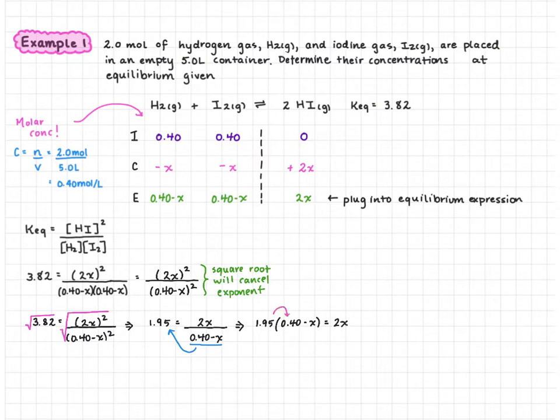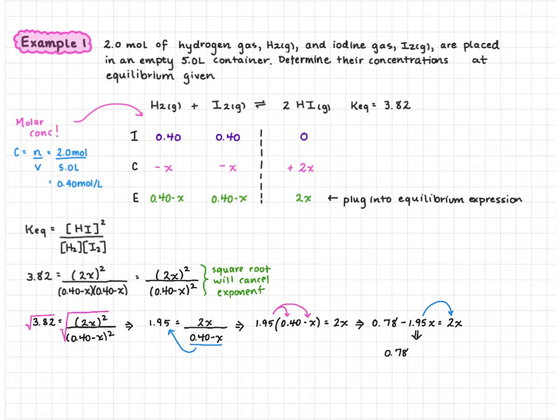Now we're going to distribute that 1.95 into the brackets. This will allow us to move x by itself, separate from the 0.40. So we get 0.78 minus 1.95x, and that's going to equal 2x. Now we want to get all of our x terms together, so we're going to add 1.95x to both sides of the equation.